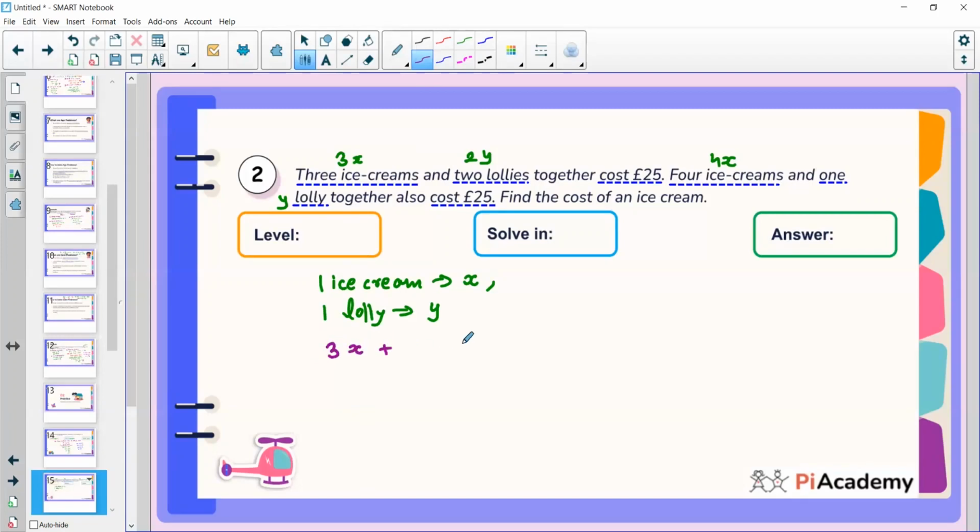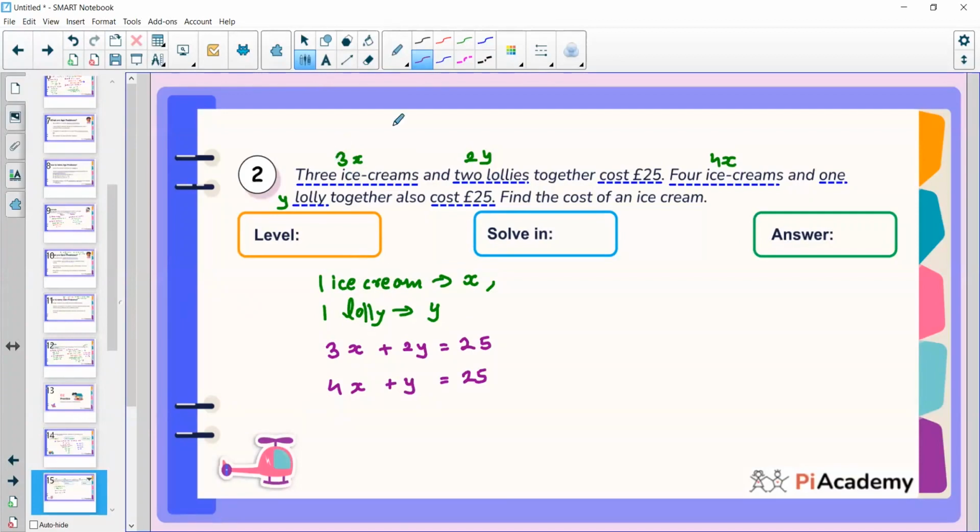Very good. Then we could try to solve the simultaneous equations, right? Okay, good, Bella.